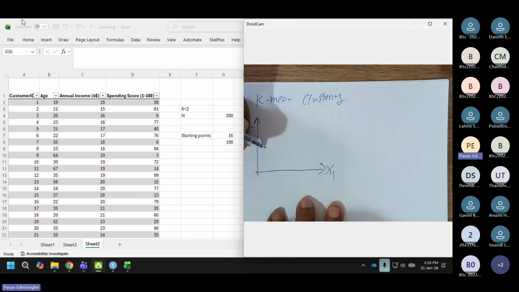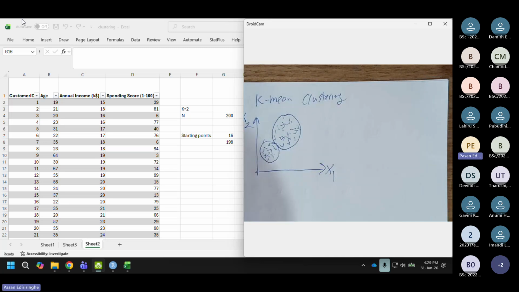I can see some set of values here. My set of observations are here, and then another set of observations are here. So I have something that goes like that. Then I'd like to put this into one group and this as another group. So I can put them into two groups like that.